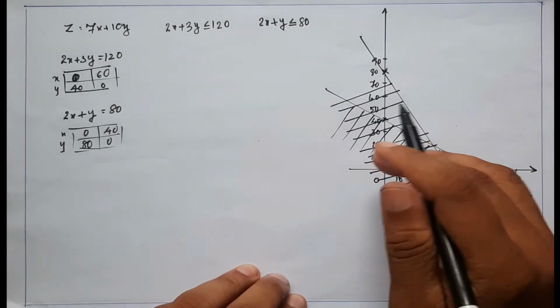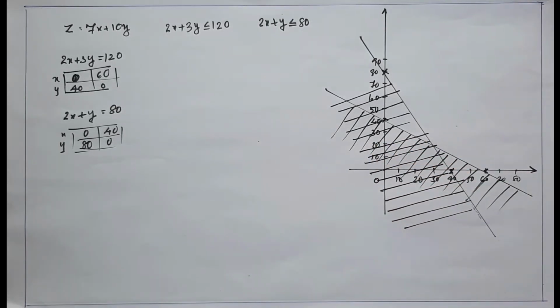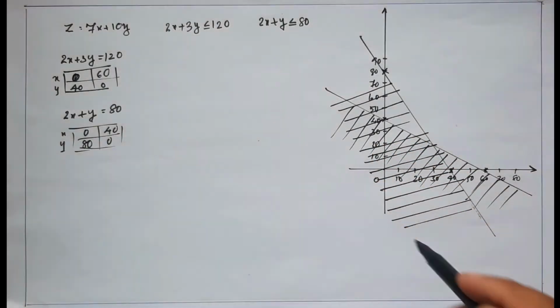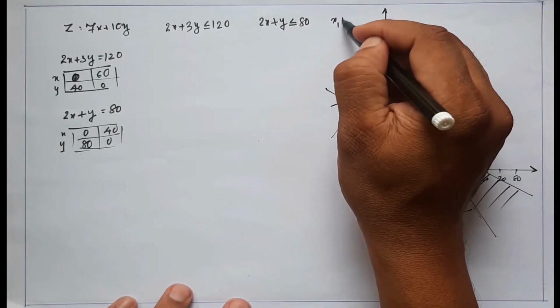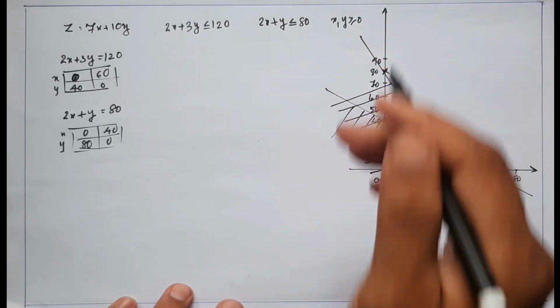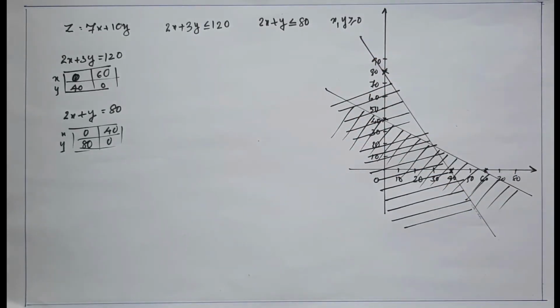Here the common region, I mean the common feasible solution, contains the second quadrant, third quadrant and fourth quadrant also. But already here given x comma y is greater than or equal to 0. That means now we collect the common region which lies in the first quadrant.